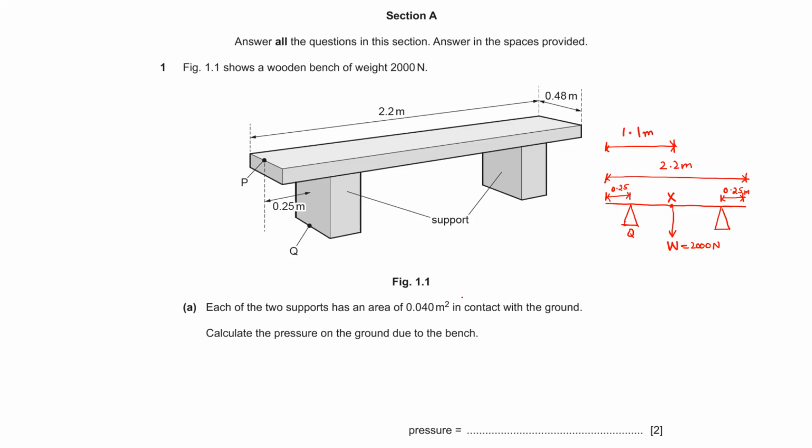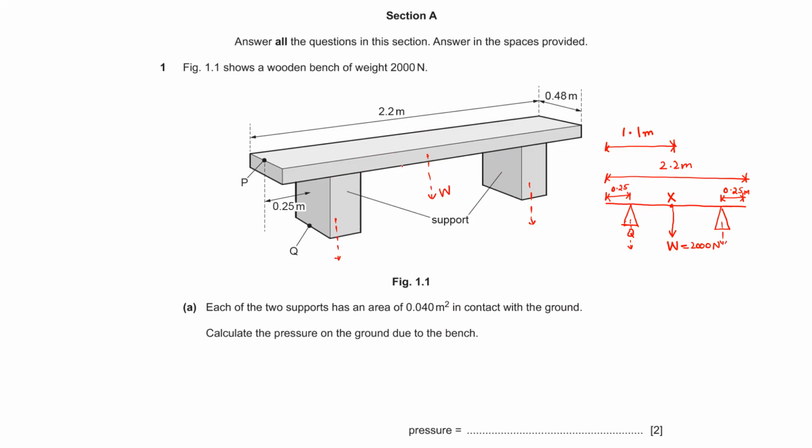So basically, we have to find out what is the pressure that is exerted onto these two supports, and say this is the weight that is acting downwards. So we basically have a symmetrical wooden bench, and the weight is 2000 Newton.